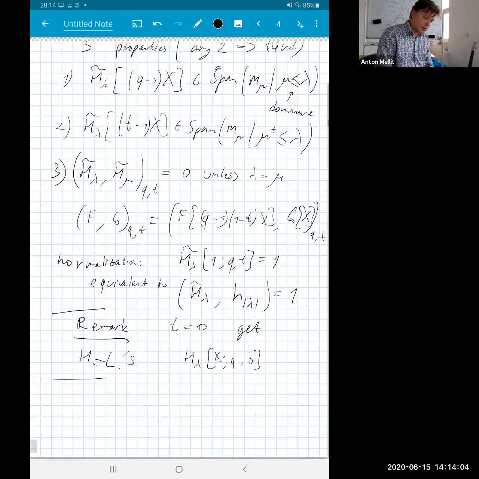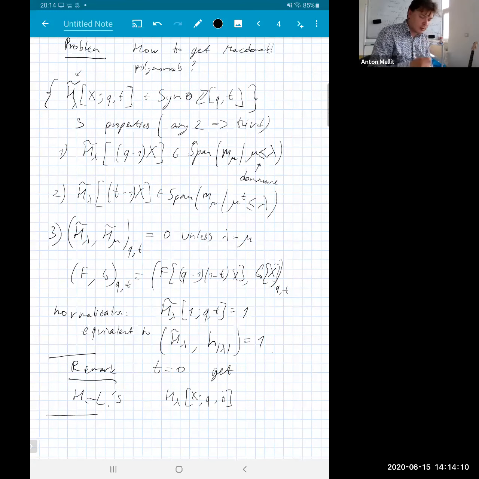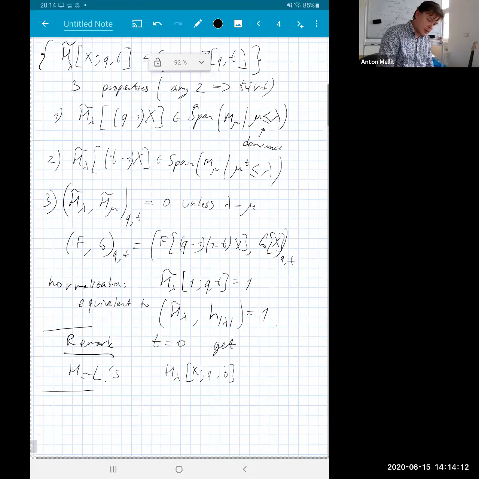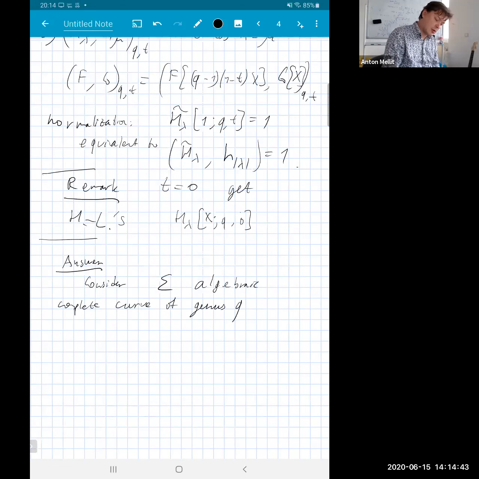Right. So this is the problem, how to get Macdonald polynomials, and here is the answer. You consider sigma, an algebraic complete curve of genus g over Fq.